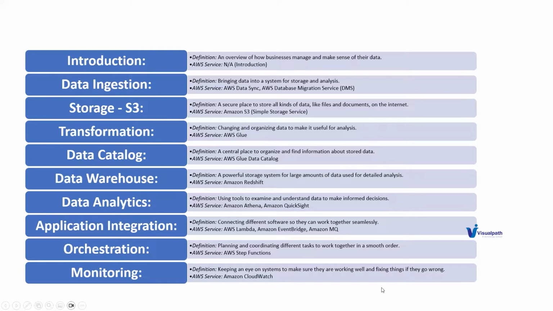When you focus on your entire data engineering pipeline, it starts with ingesting the data, then transforming the data, then we store the data in the data warehouse, then we collect the data for reporting and analysis, then we integrate all these applications, and then we monitor these things. So these are all the different AWS data services that we are going to use for AWS data engineering and analytics in this particular case.